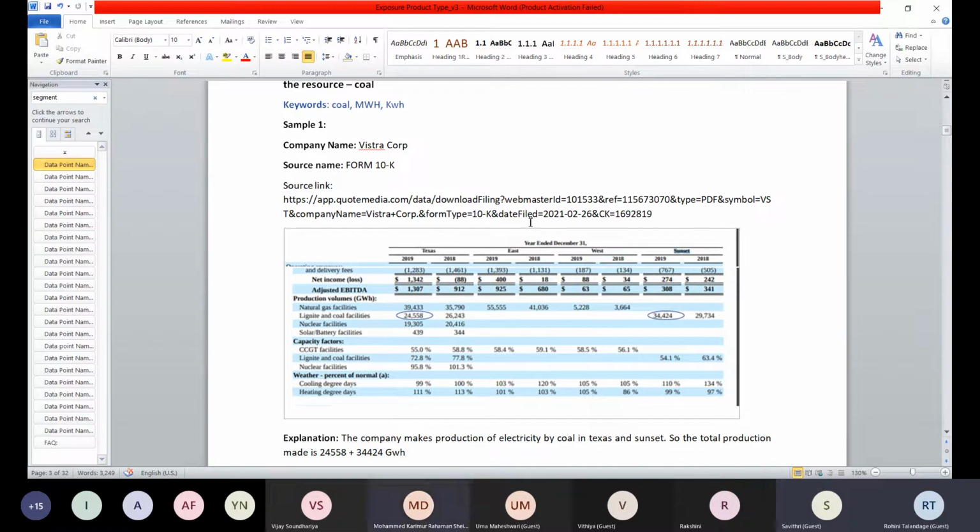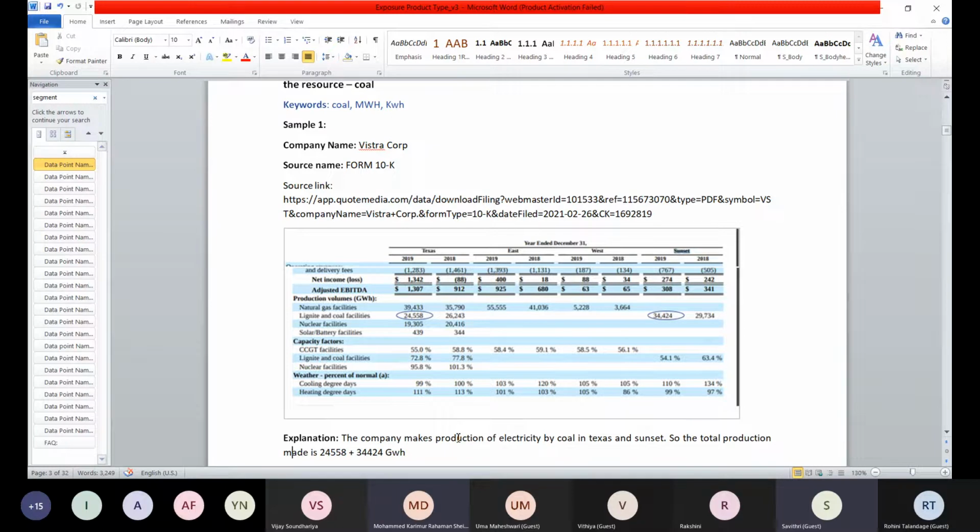Here they have the production volume, which is nothing but generation. Under that they are saying lignite and coal facilities, the value is 24558, in GWH.